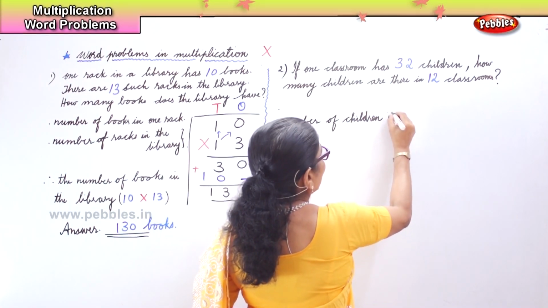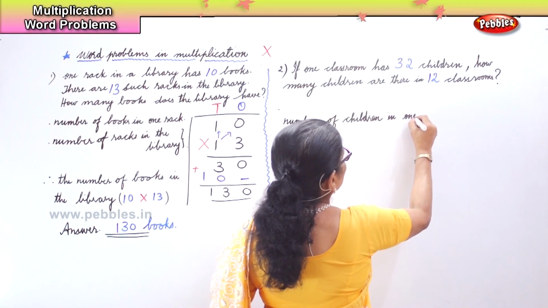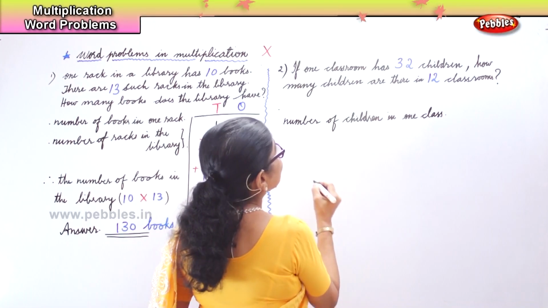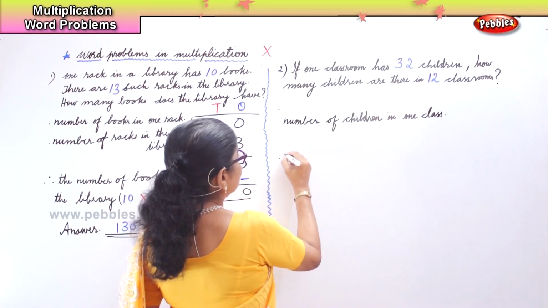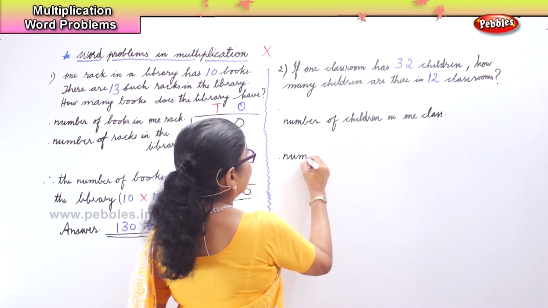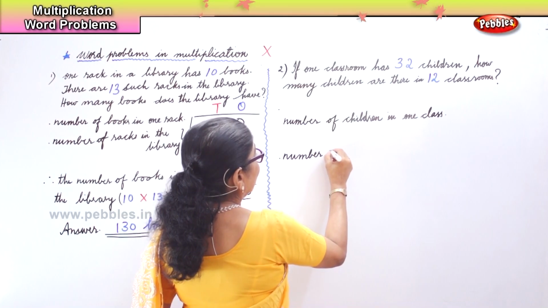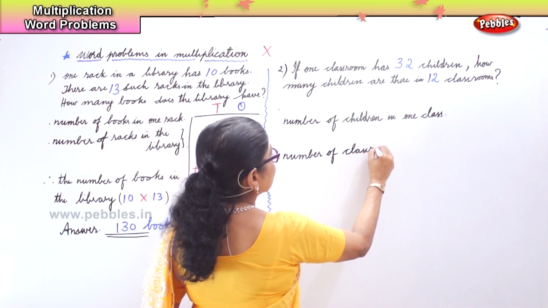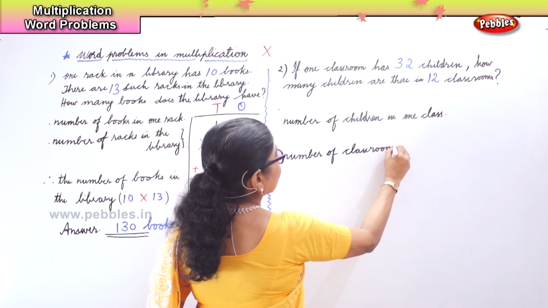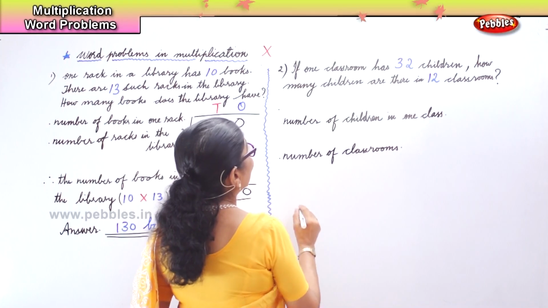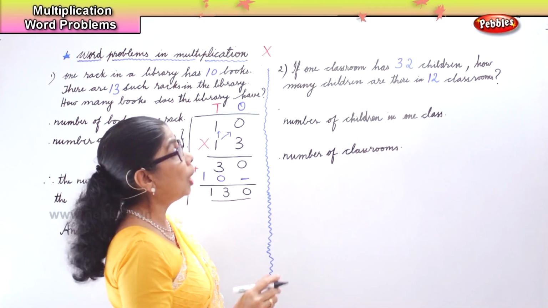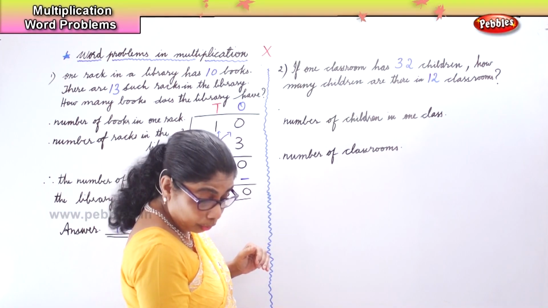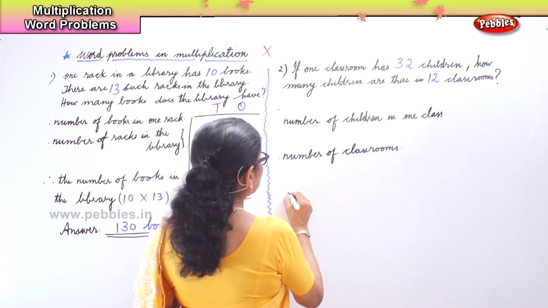Next statement is number of classrooms. And finally, what is asked? How many children are there? So, therefore, total number of children.